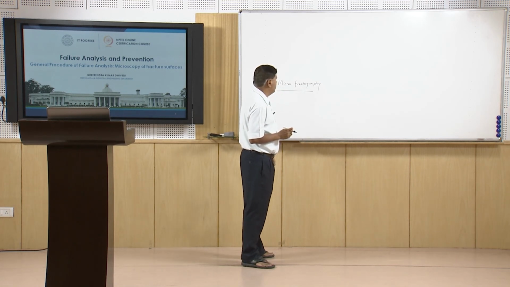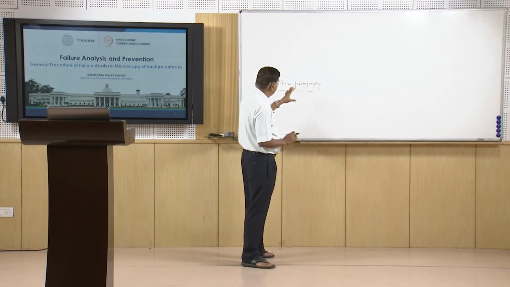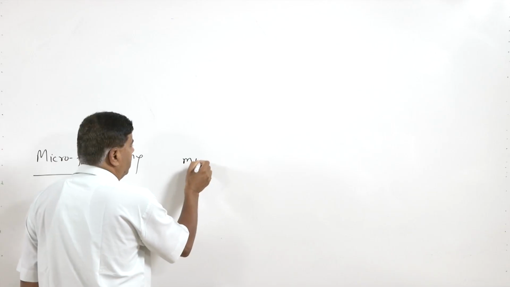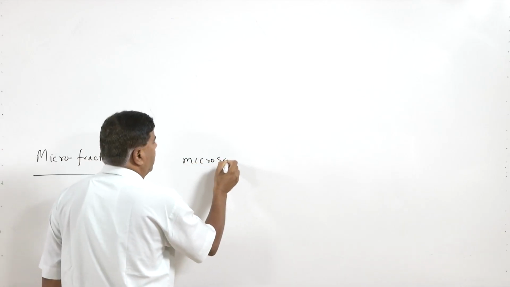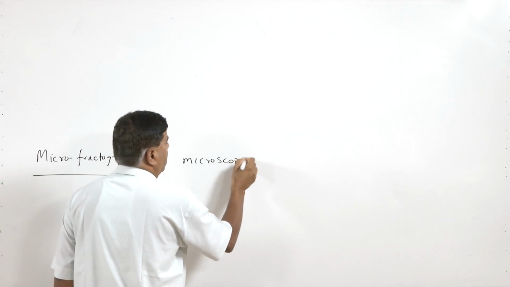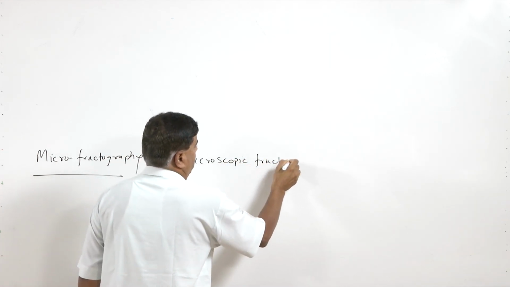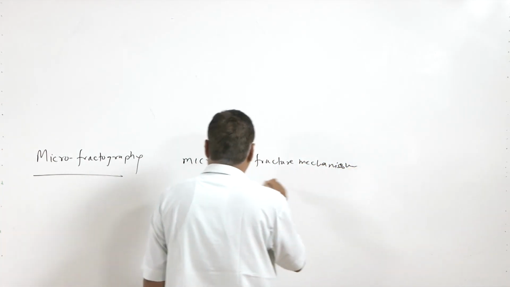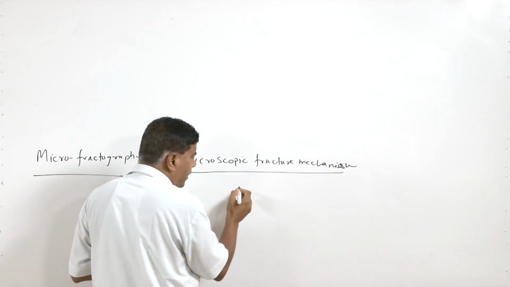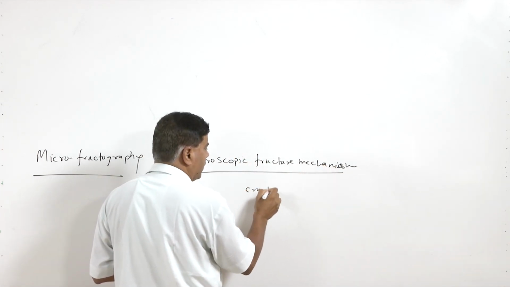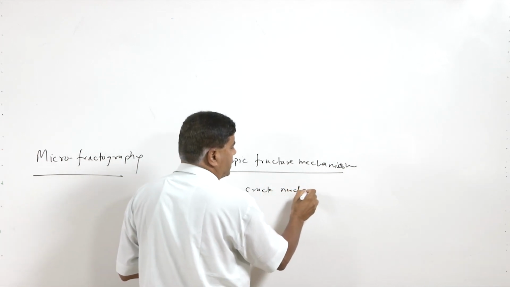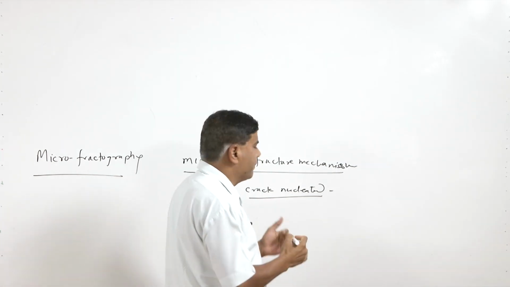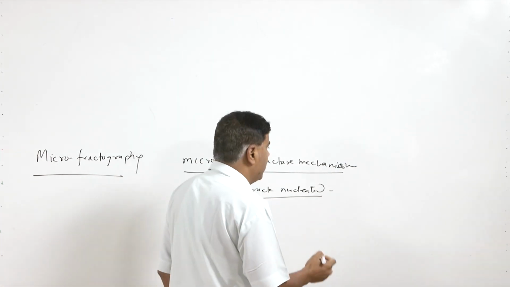In microscopy of the fracture surfaces, or we can say microfractography, we try to understand the microscopic fracture mechanisms: if a crack has nucleated, how this crack will be growing to facilitate the fracture at a micro level.